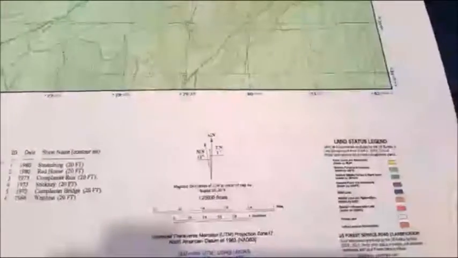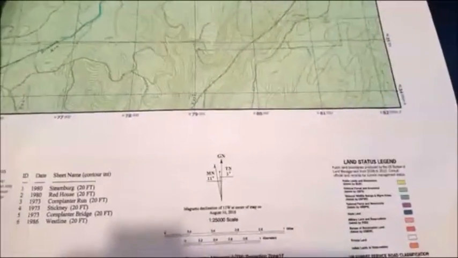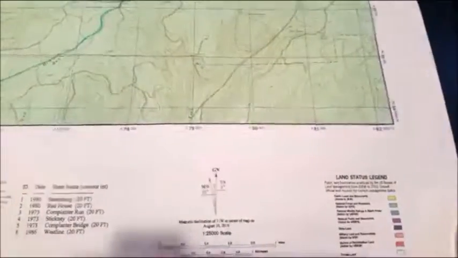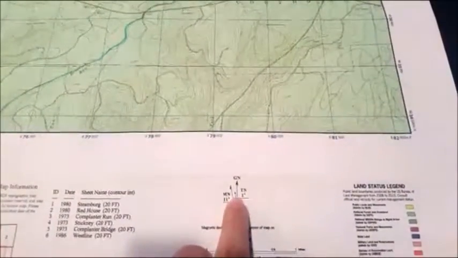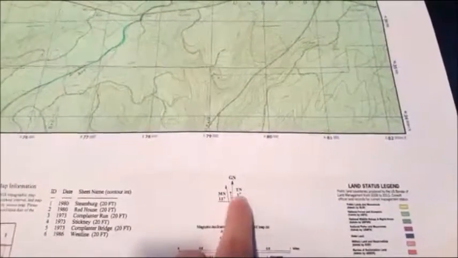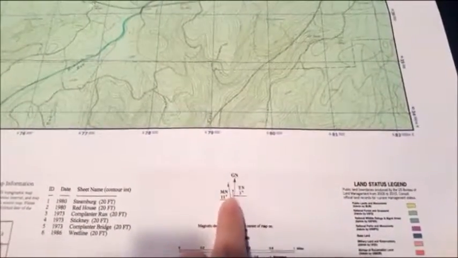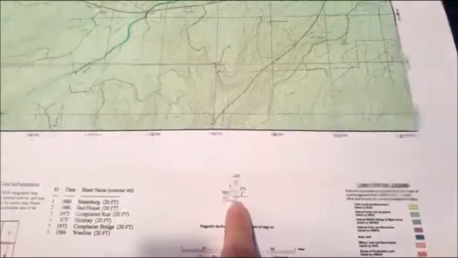Grid north is the direction for the map, like when you're holding it, north is this way on the map. And true north indicates where true north lies, which is different from your magnetic north and your grid north.